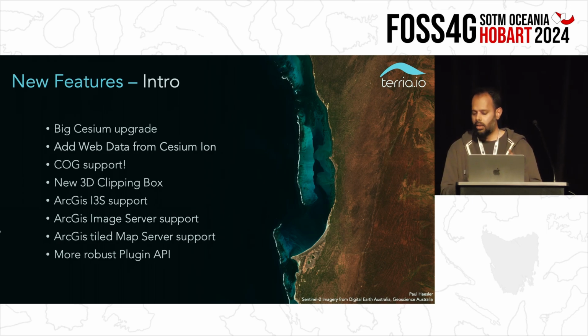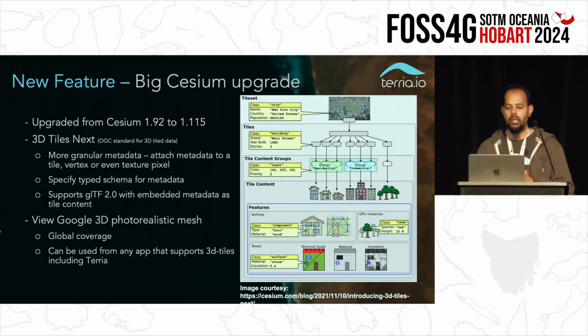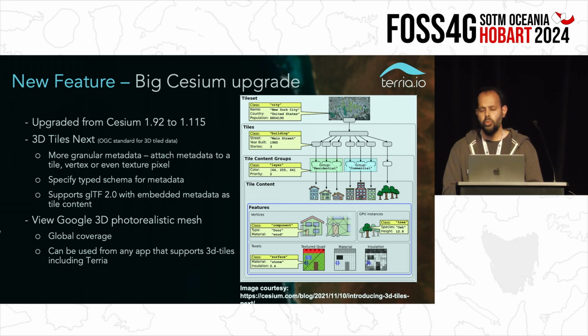Basically we went from Cesium 1.92 to 1.11, which was a big upgrade for us because there were some structural changes within the Cesium code base. But with that upgrade, we get a couple of cool features, which is the next version of 3D tiles.